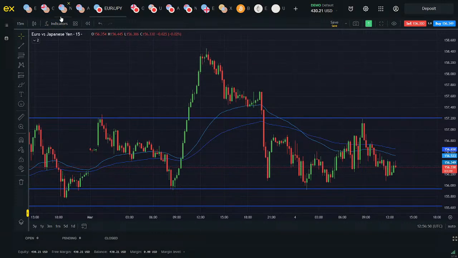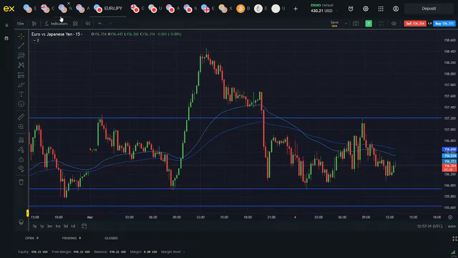So let's wait for the New York session to open, and maybe after that we will be able to see some good volume entering the market. Let's see how the market plays off.